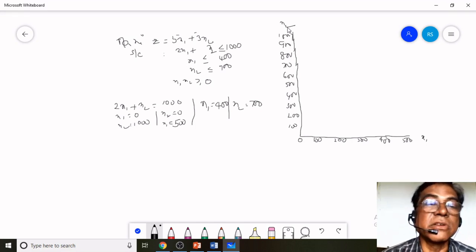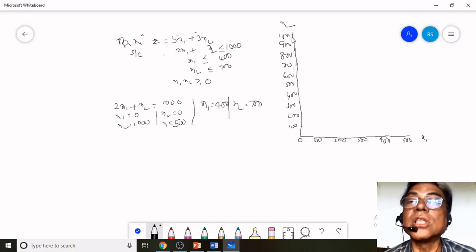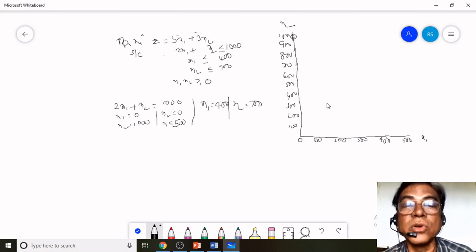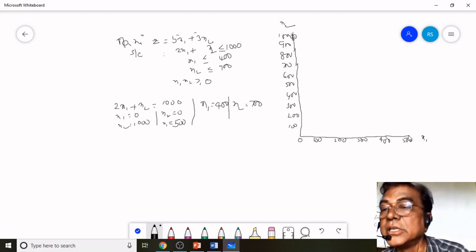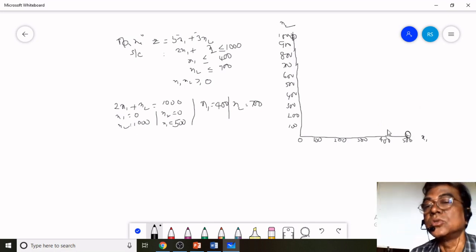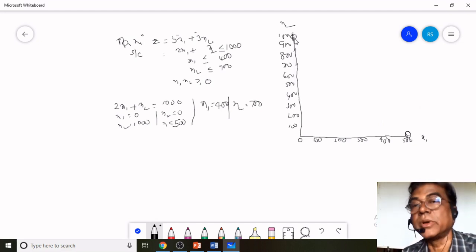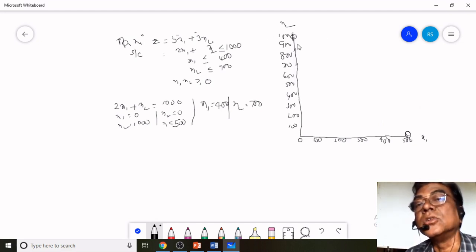Now take the first equation. When x1 is equal to 0, x2 is equal to 1000. Put a point here. And when x2 is 0, x1 is equal to 500. Put a point here. Now you join these two points. How to join these two points? Better to use a scale. Don't use your hand.